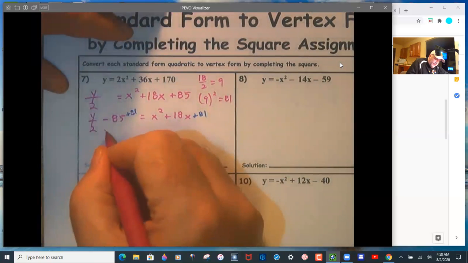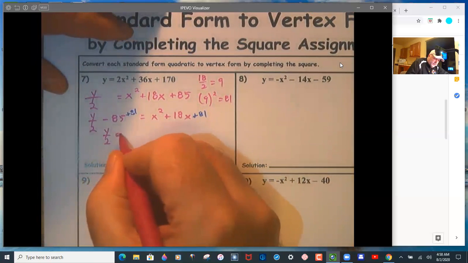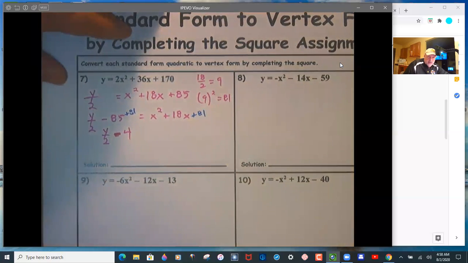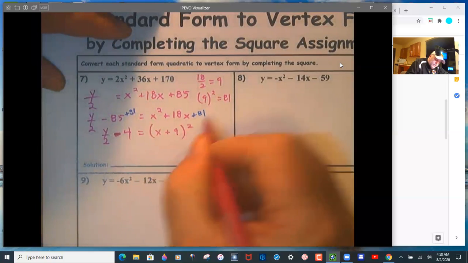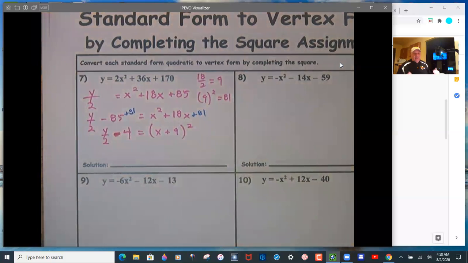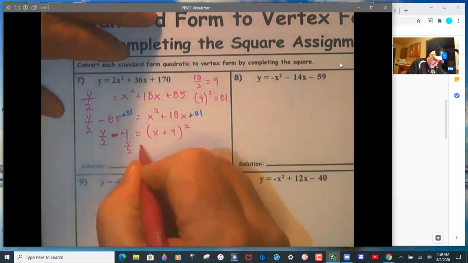Okay, so on the left, we have y over 2 minus 4, negative 85 plus 81 minus 4, equals x plus 9 squared. So that number, again, is exactly in the parentheses. Okay, so we have 2 things to do now. Add the 4 and multiply everything by 2.